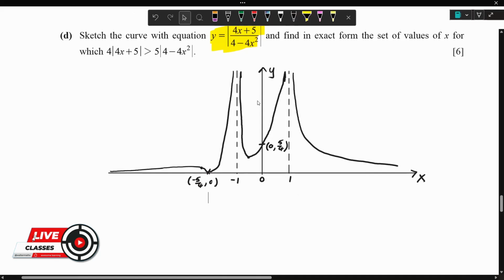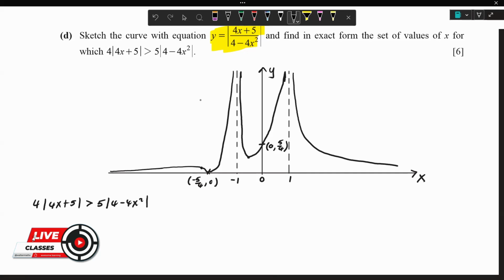All right. And now the question says, find in exact form the set of values of x for which 4 times mod of 4x plus 5 is greater than 5 times mod of 4 minus 4x squared.